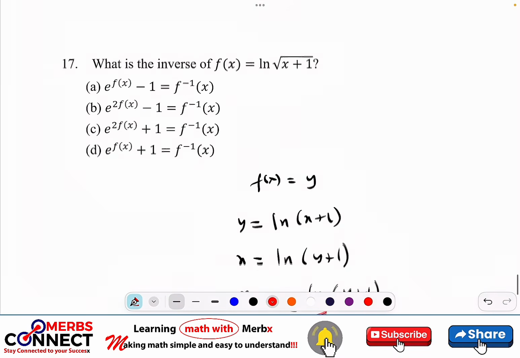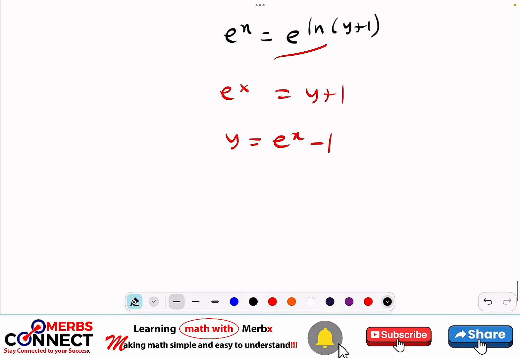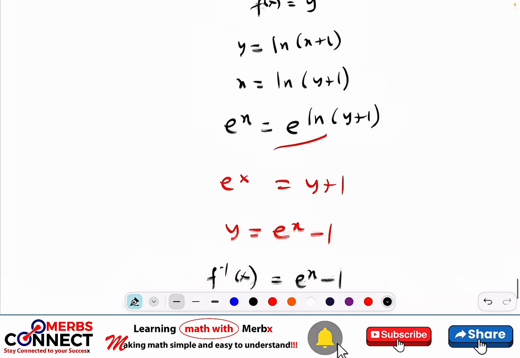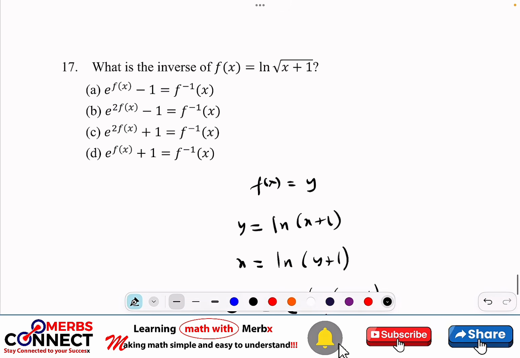Let's look at the option the way they did it. Okay, fine. So y is f inverse of x, and then this is going to be this minus 1. Is that right? Okay.